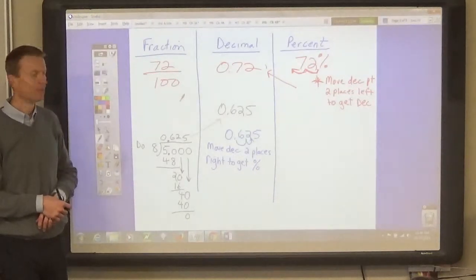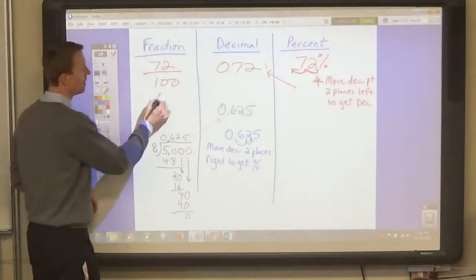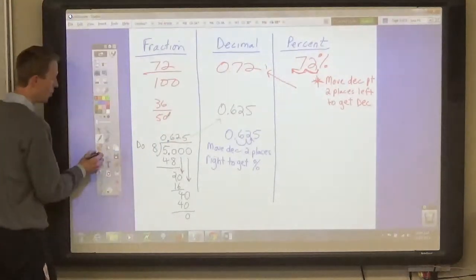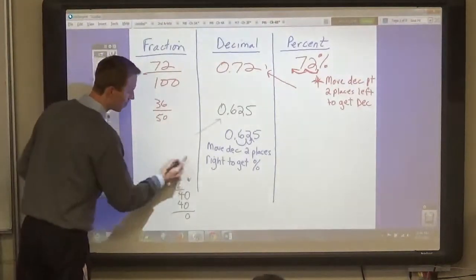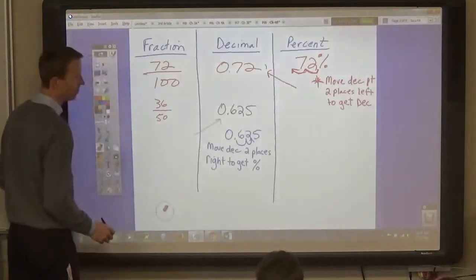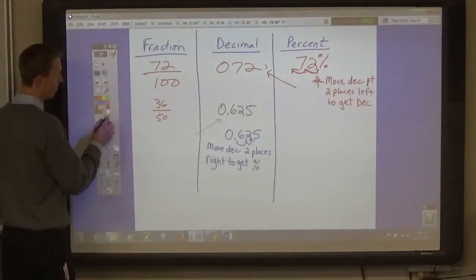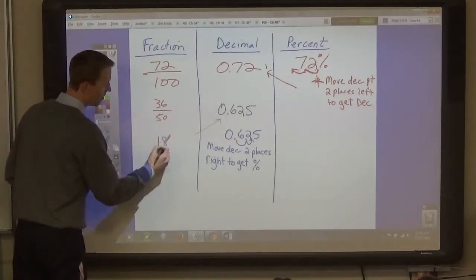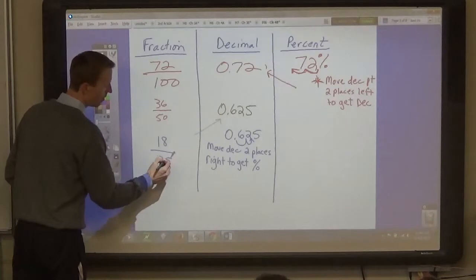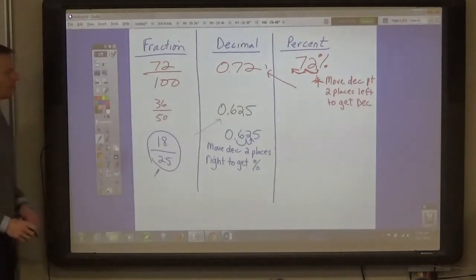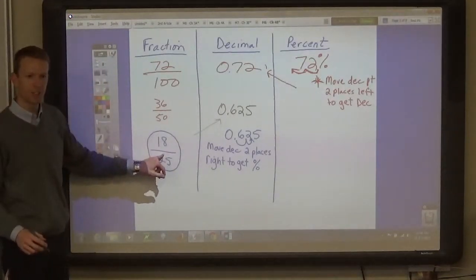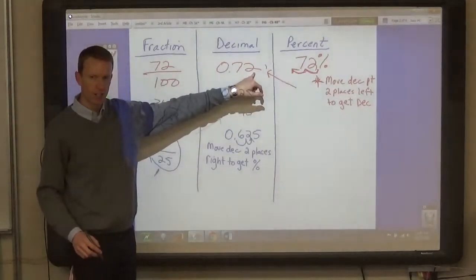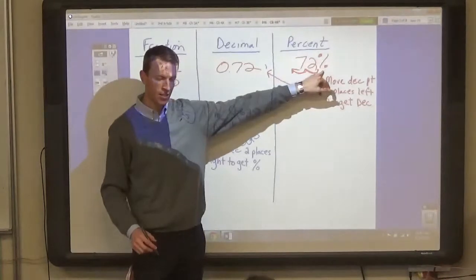Yep. 36 fiftieths. Divide by 2 again. 18 25ths. So 18 25ths is equal to 72 hundredths, which is equal to 72%.